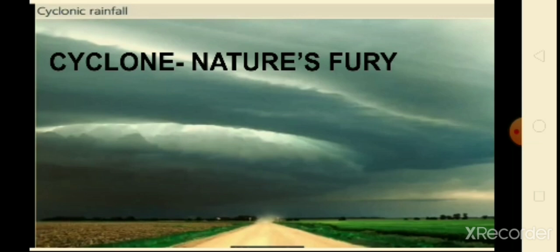Another super cyclone occurred on 29th of October 1999. This cyclone devastated large portions of the state. The damages caused by the cyclone were mainly due to three factors: wind velocity, rain, and tidal surge.